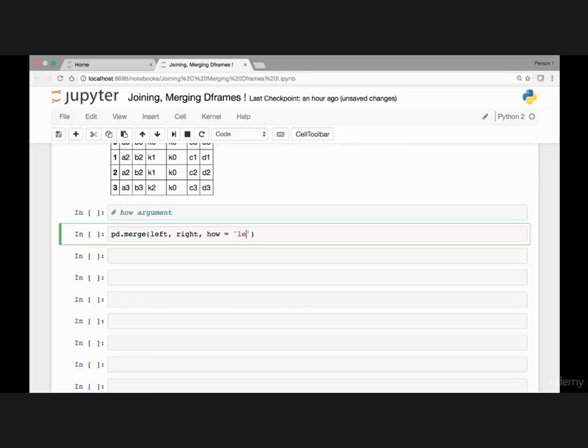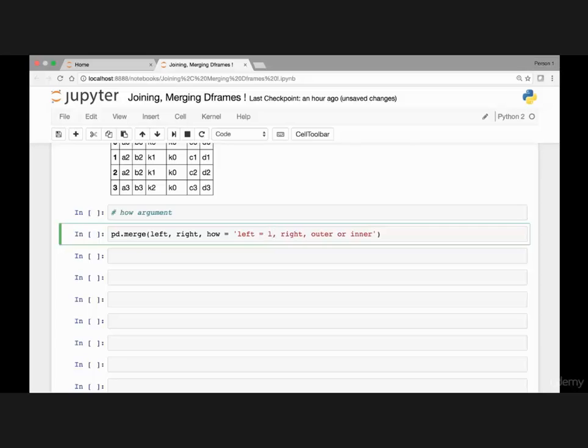So it can take left, right, outer, or inner. So these are the four values that it can take. And if you are familiar with SQL join names, left means left outer join.